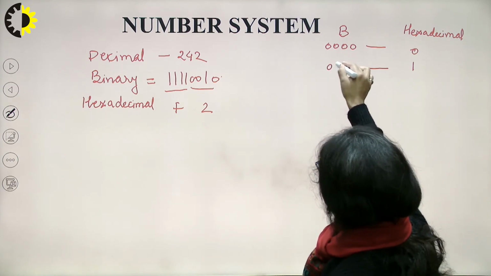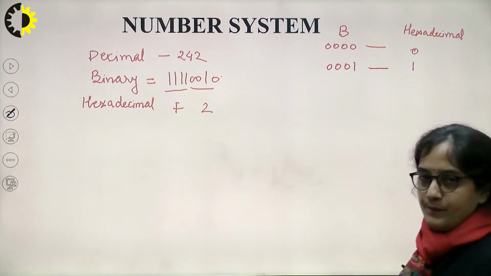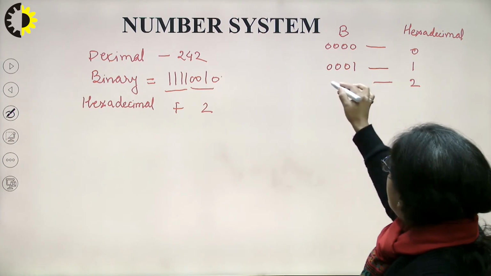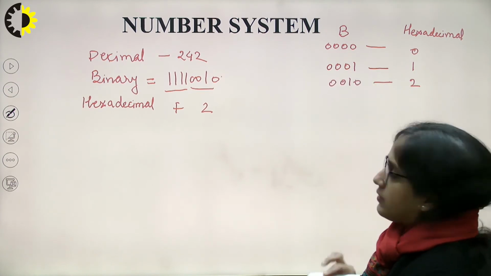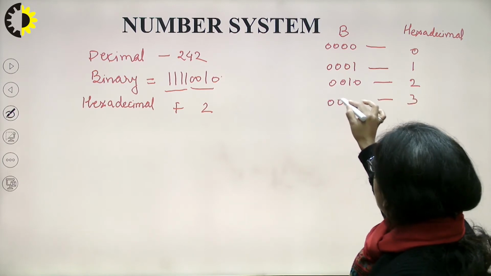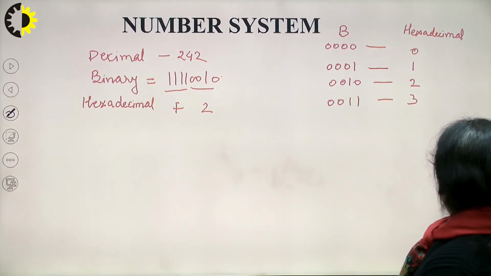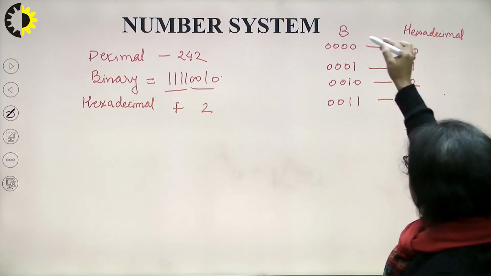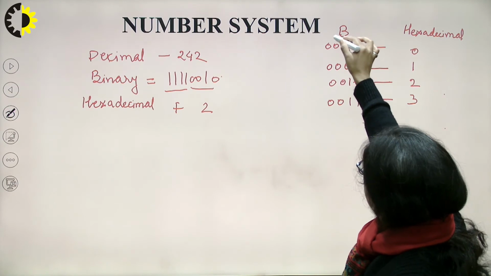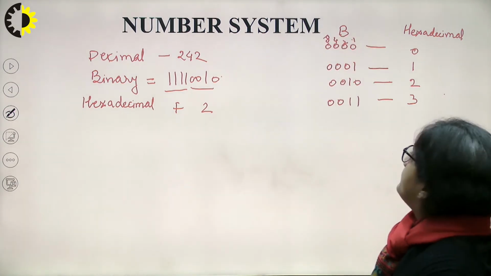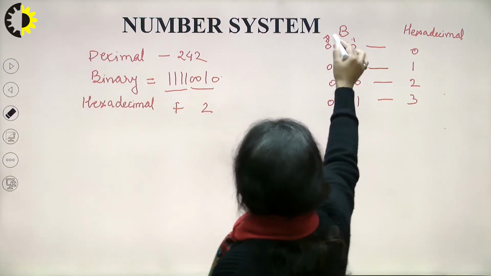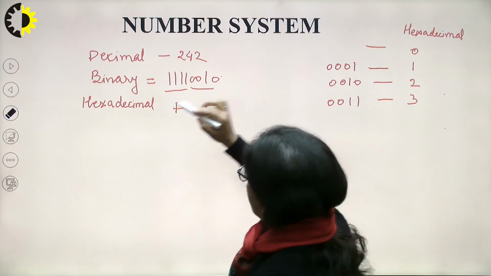It will be 0001 in binary. 2 will be 0010. 3 will be 0011. We have the weights 1, 2, 4, 8. Just a second, I will make it clear.